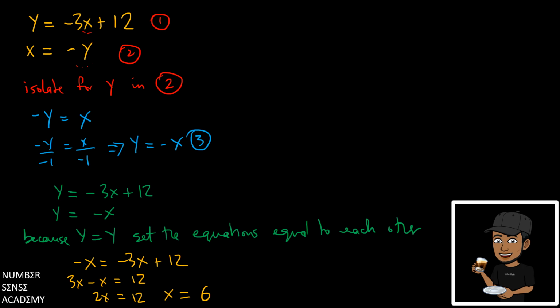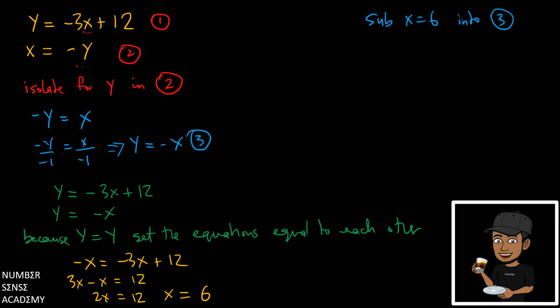All right. So now I'm going to follow my rules. I'm going to sub x equals 6 into equation 2 because it's so easy. So much easier. Or no, let's sub it into equation 3. That's even easier.